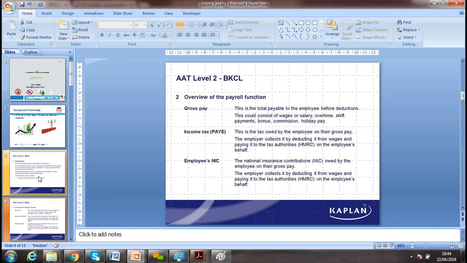And we have income tax. We call it PAYE. What does this word stand for? Pay as you earn. Yes.